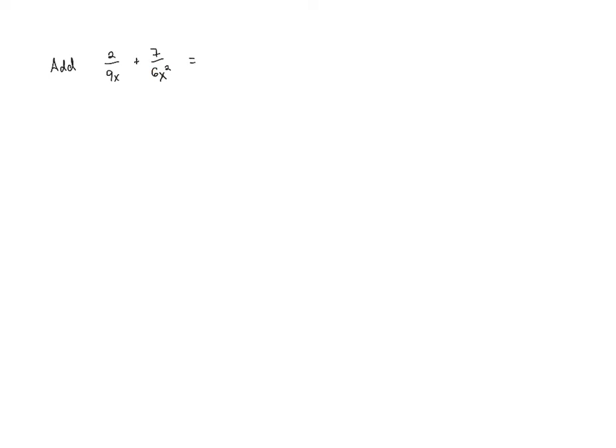If the denominators were just 9 and 6, what would our least common denominator be? What's the smallest number that's a multiple of both 9 and 6? The answer is 18. So if those denominators were just 9 and 6, the LCD would be 18.